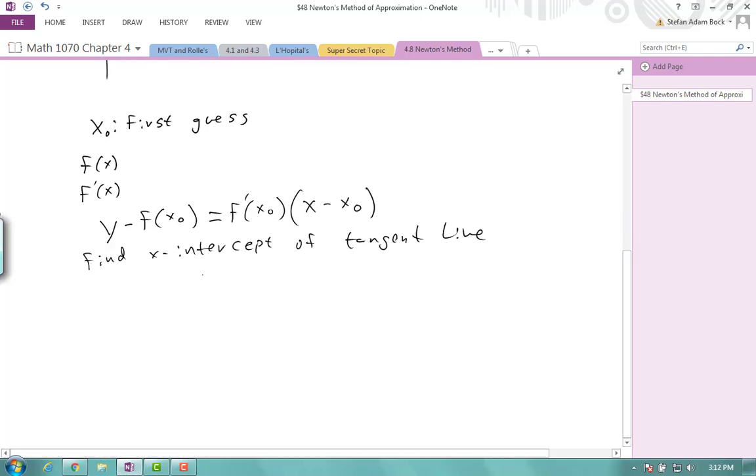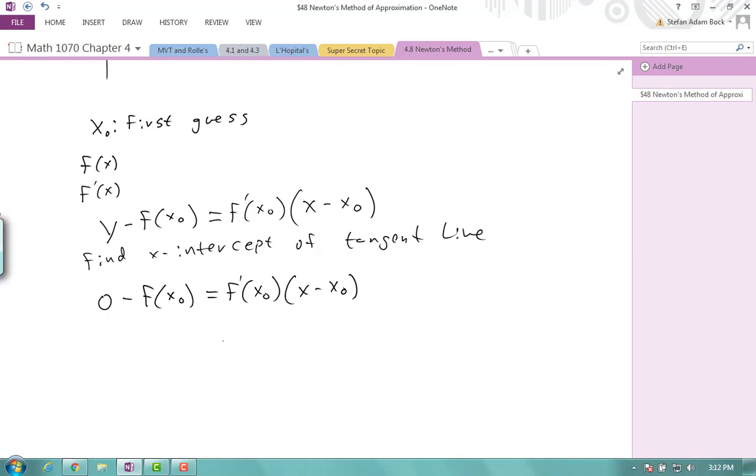So I have an x-intercept when y is equal to 0, so I'll plug in y is equal to 0. I'll have whatever these extra values are. That's a minus. Times x minus x sub 0, and then I'll solve for x, and that'll give me my x-intercept.